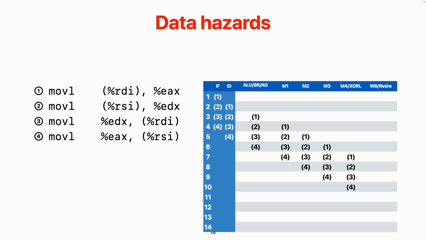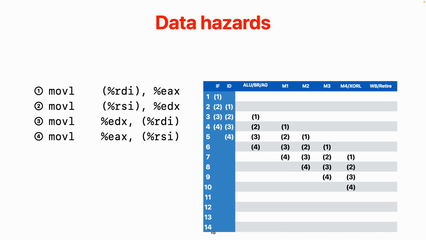Each column represents a pipeline stage. Each row represents what happens in a cycle. So at the very first cycle, I'm fetching the very first instruction, which I put as 1 in instruction fetch. In the second cycle, I decode the first instruction and fetch the second instruction, so I put 2 in the instruction fetch stage.